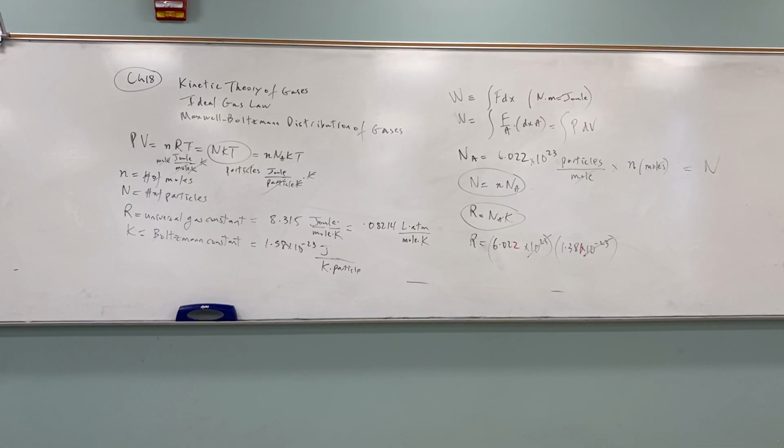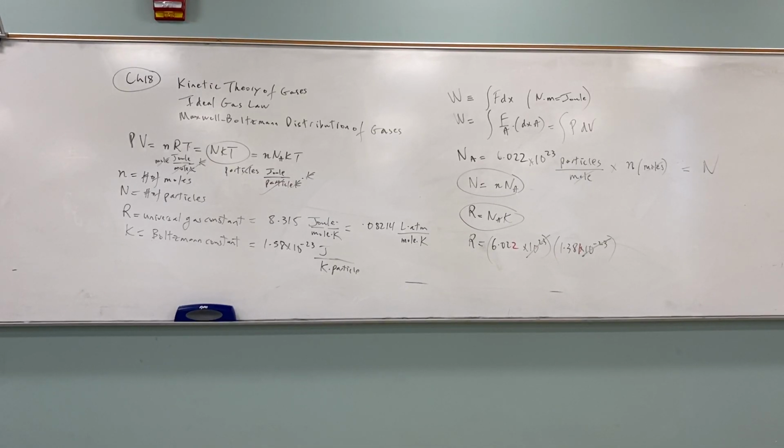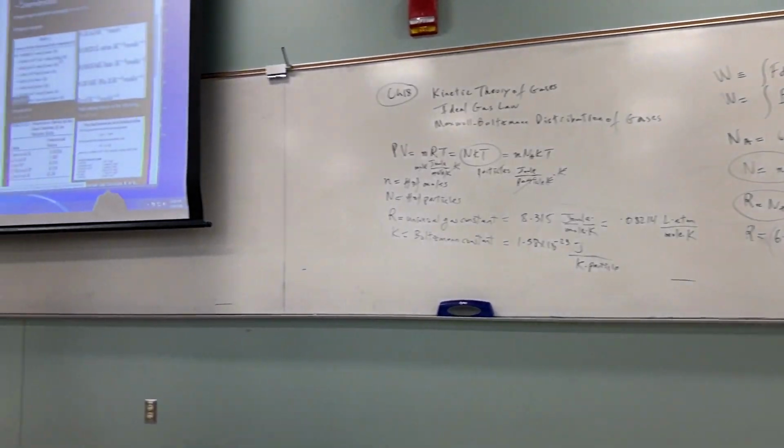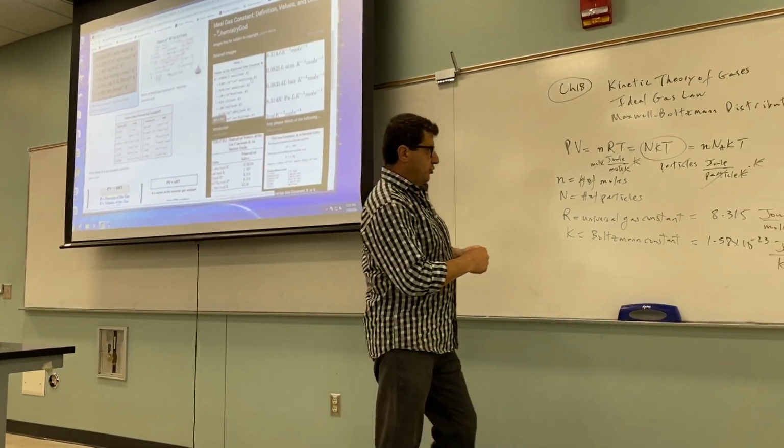Okay, now comes the universal gas constant. Look at all the different versions of it. It's 8.314 joule per Kelvin per mole.